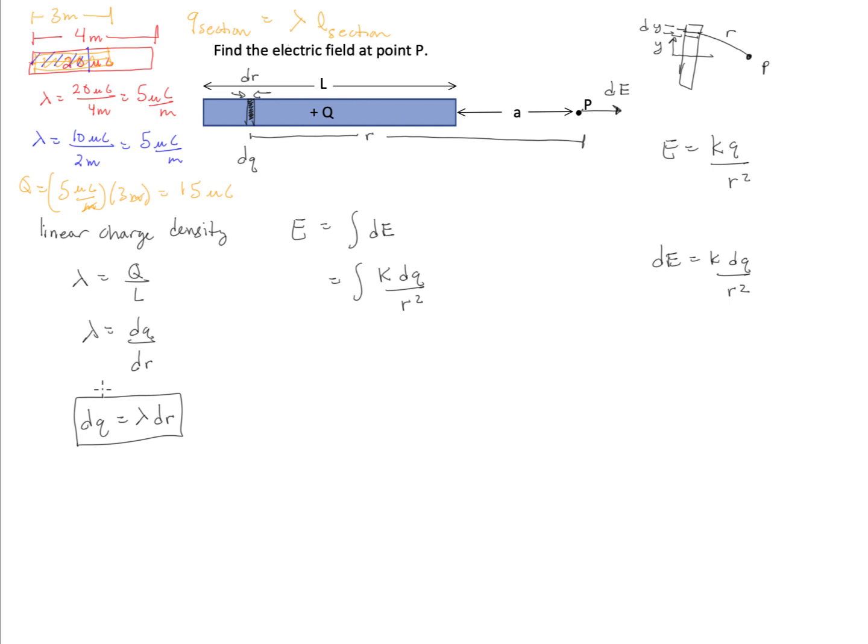So that's the same thing here: the charge of this little sliver is equal to lambda times the length of this little sliver, or the thickness, this dr. So the whole point of doing this was to get r and dq in terms of the same variable. Now we've done that. We can now substitute in lambda dr for dq.